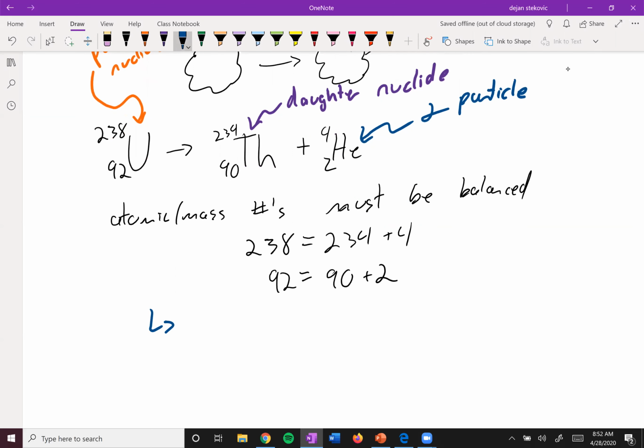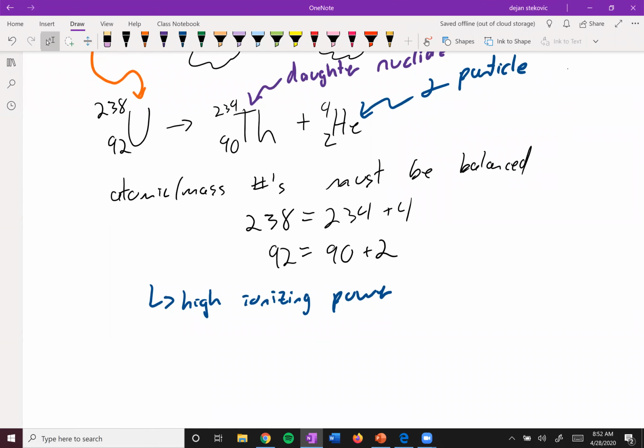So in general, alpha particles have very high ionizing power. They're very big particles in terms of nuclear chemistry, and so they can smash into things, knock off electrons, and really ionize, form ions of things. However, since they're so big and bulky, they have very low penetration.